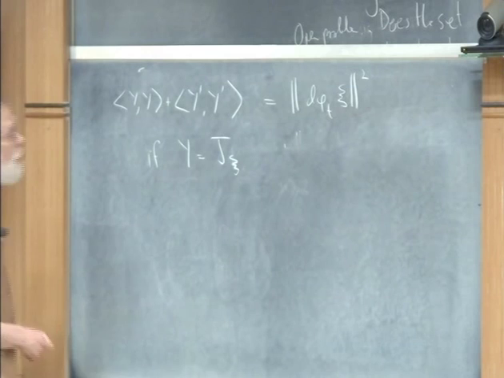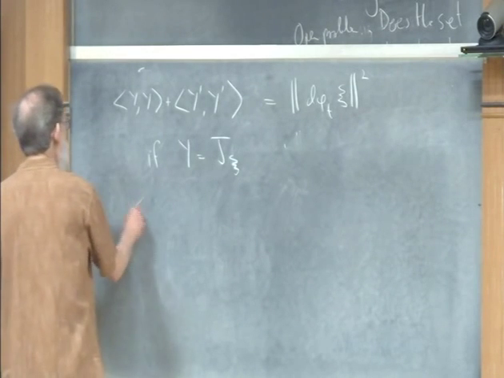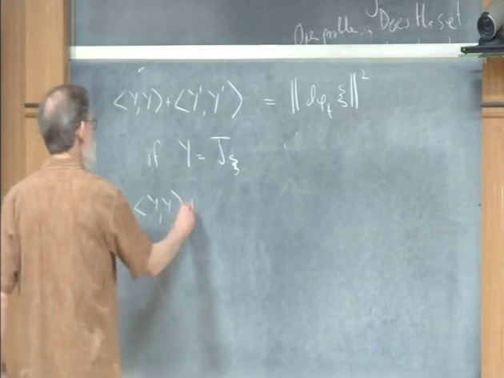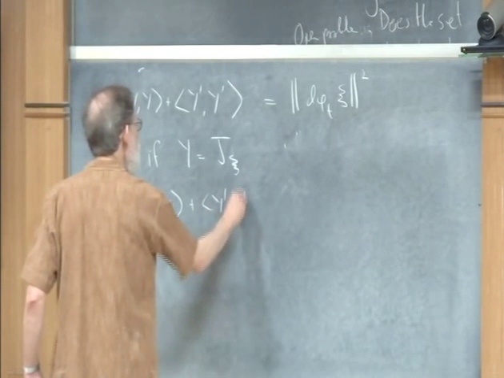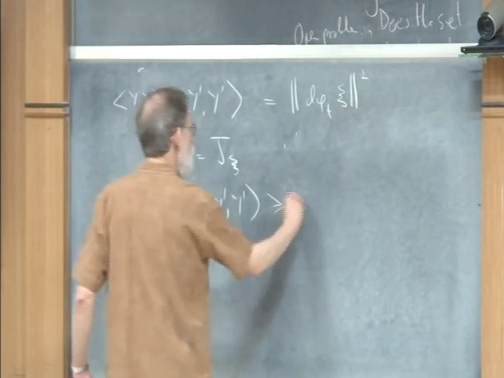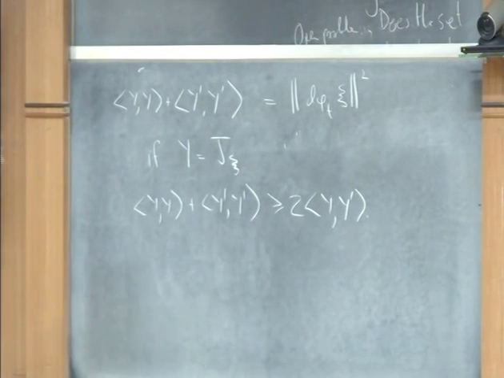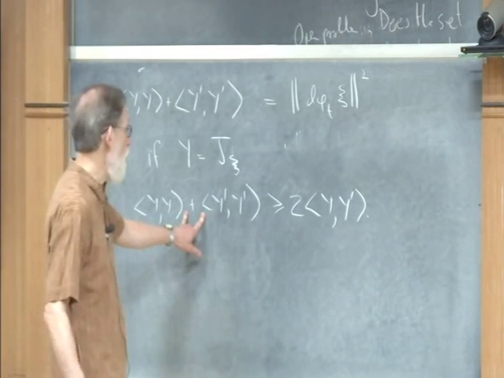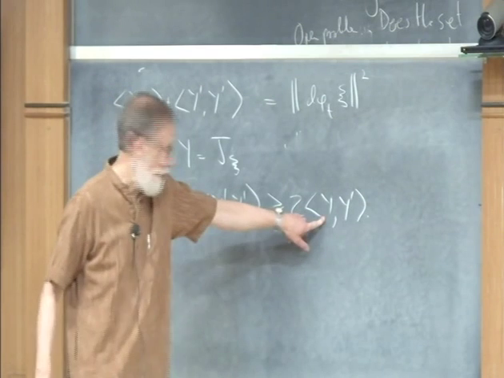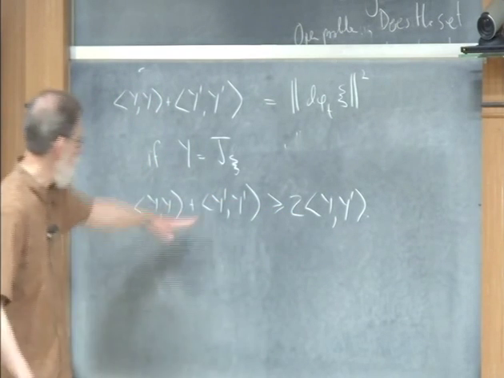But it's obvious that y plus y prime with y prime is greater than or equal to twice y prime. So if this grows exponentially at a certain rate, so does that.